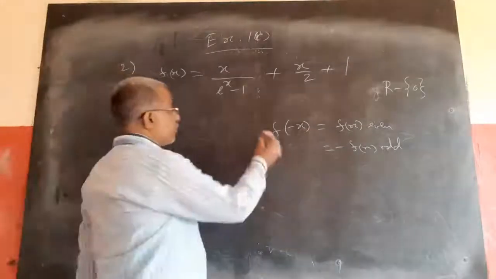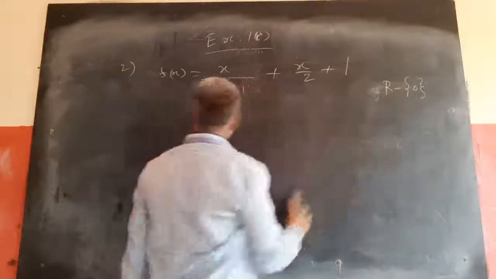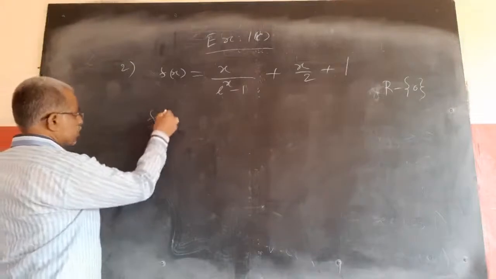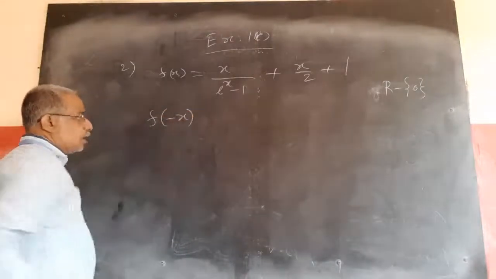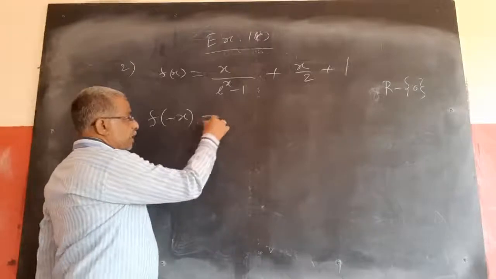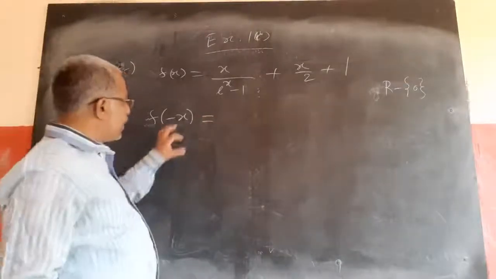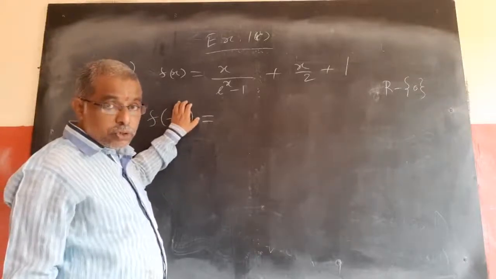So I am going to find f of minus x. I don't know whether it is f of x or not. I need to get this equal to plus f of x. We will see what happens. Wherever x is there, I am going to substitute minus x.